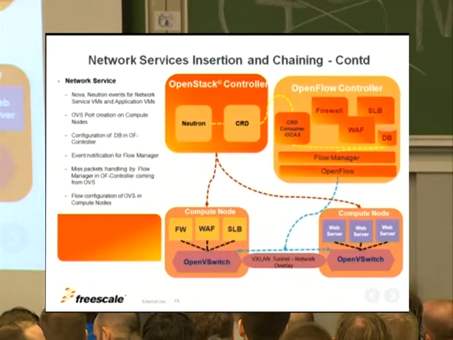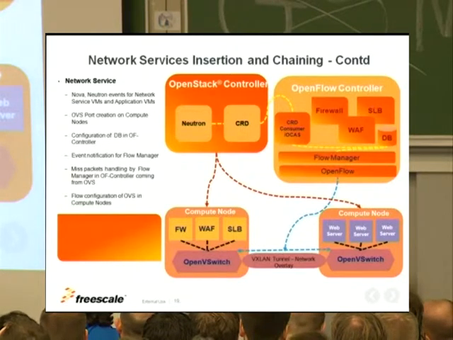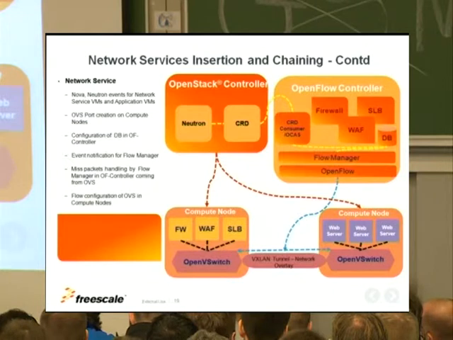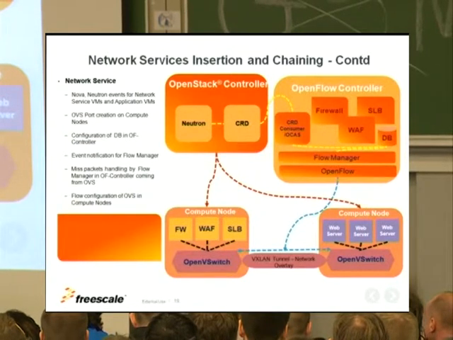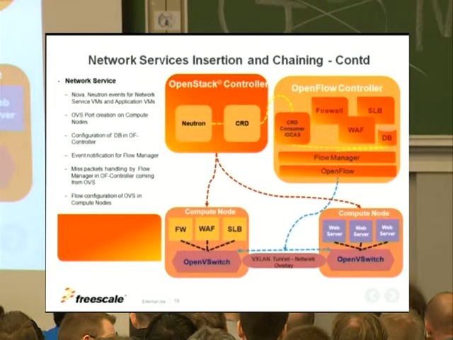So this is how the events generated by Nova and Neutron will be captured and stored in a database of the OpenFlow controller, and the intelligence built with this data from the database by the flow manager pushes the required flows to the Open vSwitch on the compute nodes. So the flows will be configured from the flow manager whenever there is a missed packet generated by the Open vSwitch connected to the OpenFlow controller.